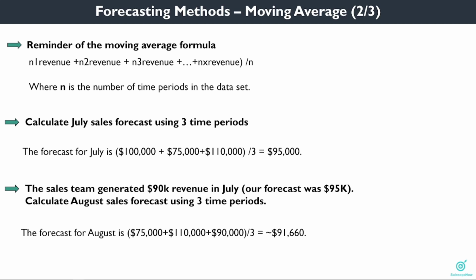91,660. Moving average is called moving because as you forecast a new time period, you have to remove the oldest period from the dataset. The most common numbers of periods used when calculating moving averages are 5, 4, or 3 time periods.